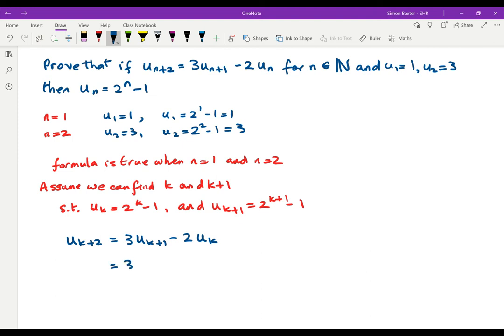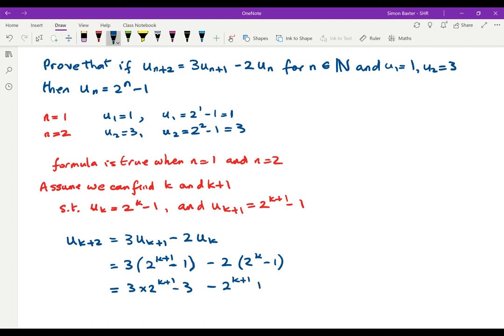This now gives us 3 uk plus 1, that is 2 to the k plus 1 minus 1. There is uk plus 1, minus 2 uk. uk is just going to be 2 to the k minus 1. And now we do some arithmetic and we hope that things work. We get 3 times 2 to the k plus 1 minus 3 minus 2 times 2 to the k is 2 to the k plus 1.